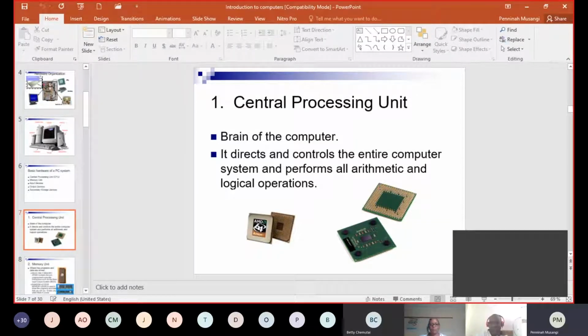The same way the human body is a system and it has a brain, the CPU is where the thinking, the processing, the coordination is done. It directs and controls the entire computer system and performs all the arithmetic and logical operations.